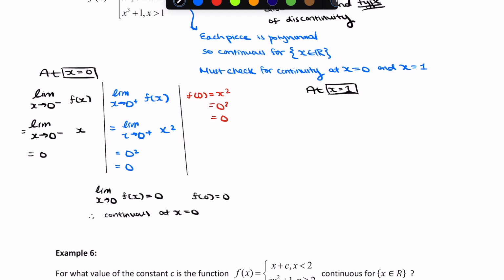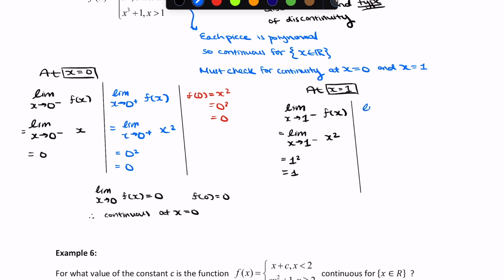So at x is equal to 1, here we have the limit as x approaches 1 from the left of f of x, which is equal to the limit as x approaches 1 from the left of x squared, which is equal to 1 squared, which is equal to 1. Okay, so the left-hand limit is equal to 1.